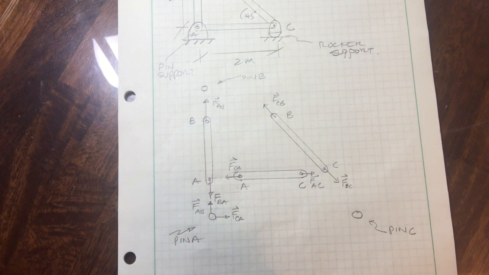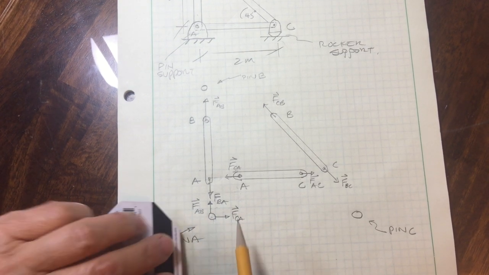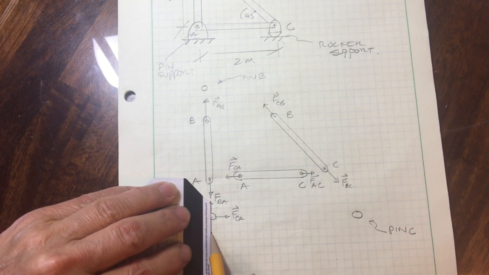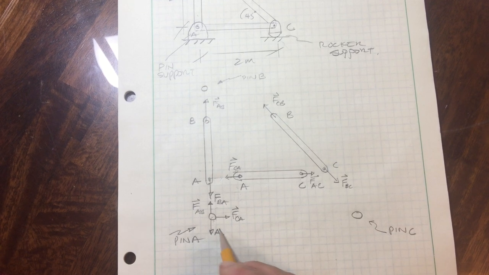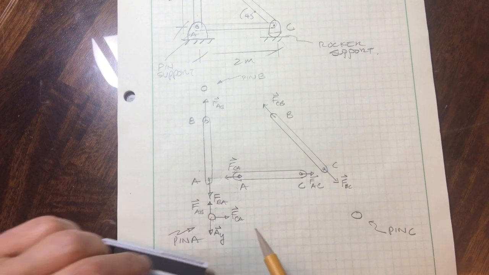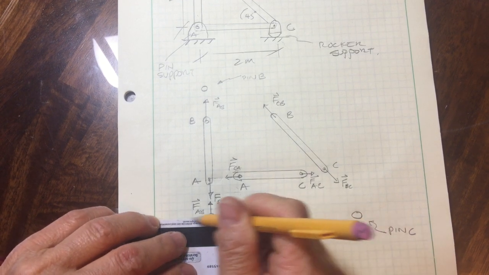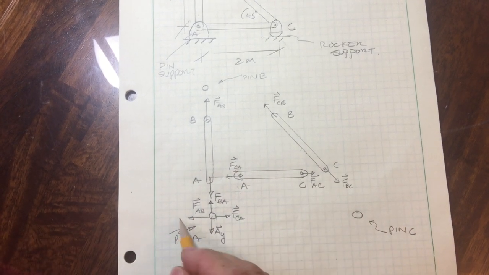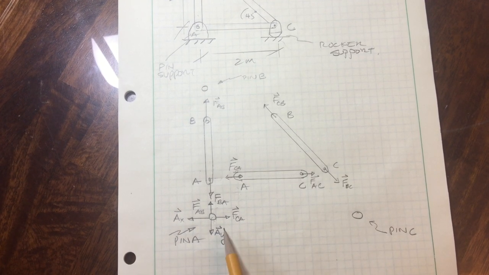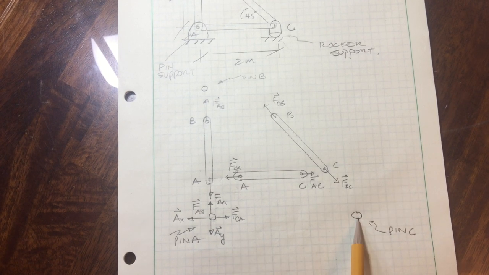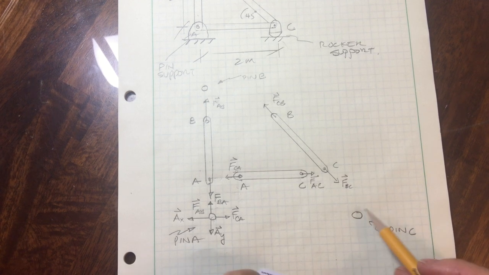Therefore, we have to draw the reaction forces in those directions. So I'm going to assume that this is AY, which is the reaction due to the pin support in the Y direction. And I'm going to assume that this is AX, which is the reaction force due to the pin support at A. We do the same thing for pin C right here.